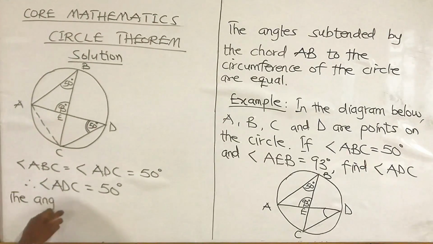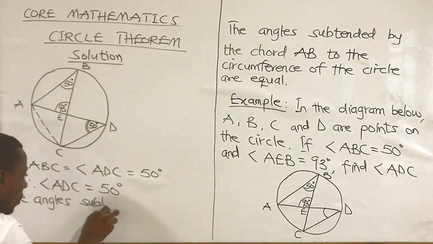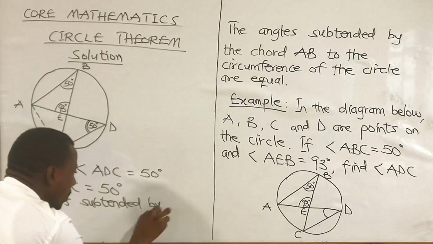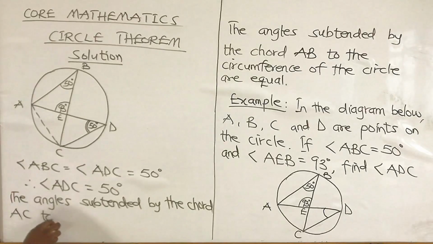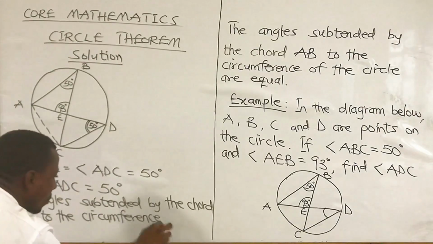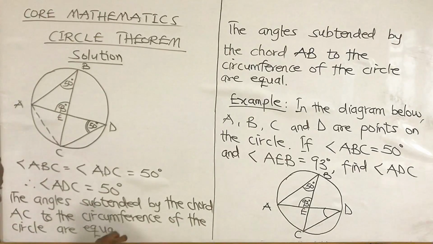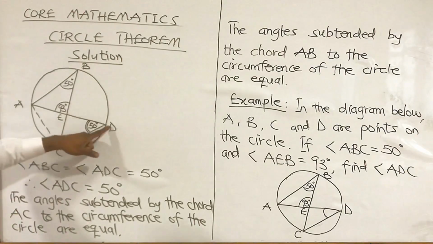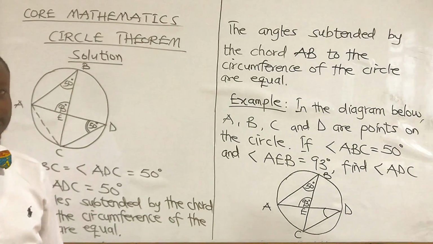The angles, and here we are dealing with 2 angles, subtended by the chord AC to the circumference of the circle are equal. So this is basically about Theorem 2.